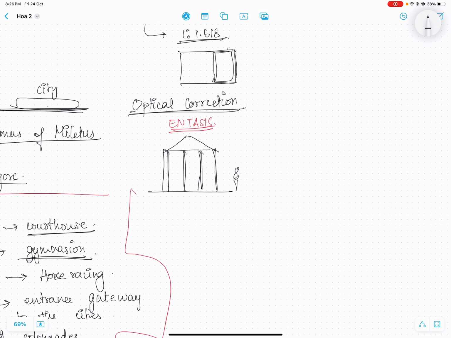So like this, when you perceive it, the thing is, when you perceive a structure like this while standing on the ground, it will look like this.